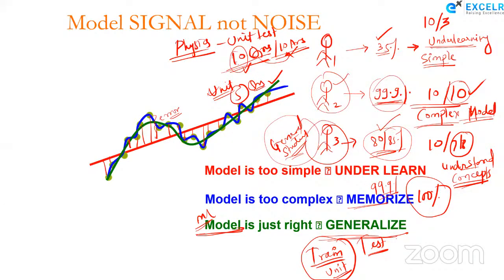I train the model with the data such that I give it all the details: your X variables, the input variables, as well as your target variable, which is your Y variable. I give both, the questions and the answers, like in this exam.